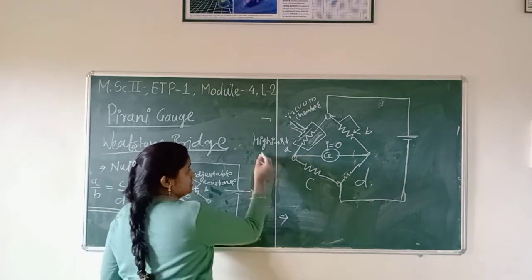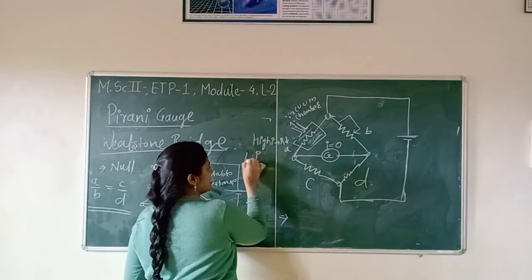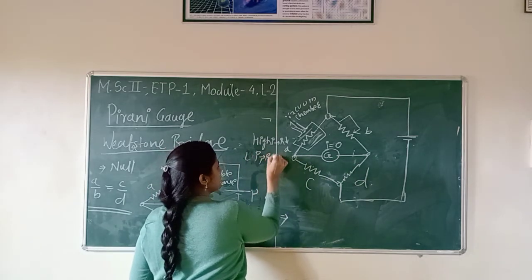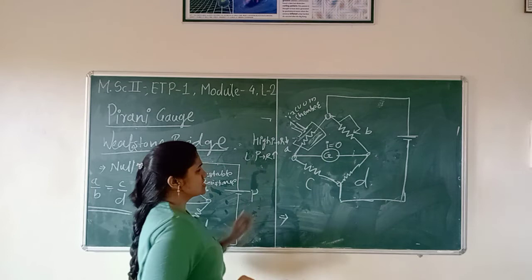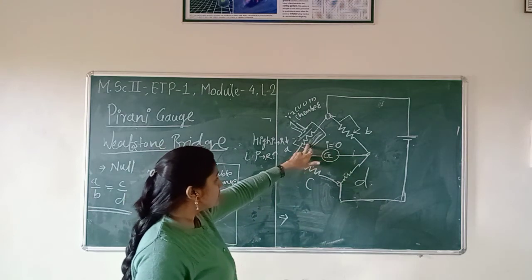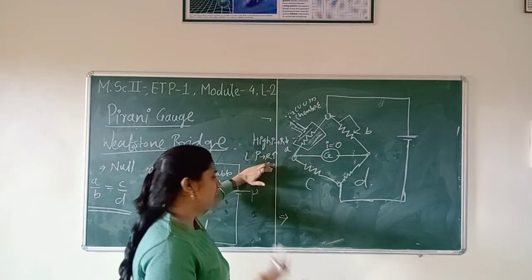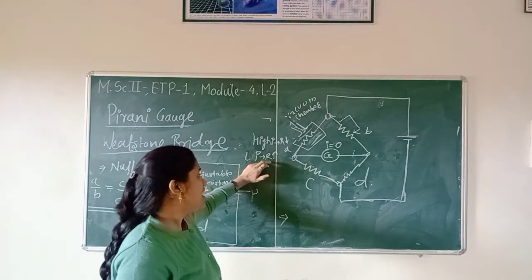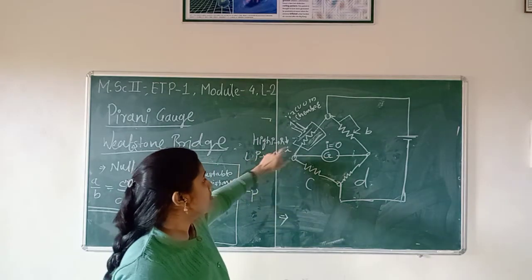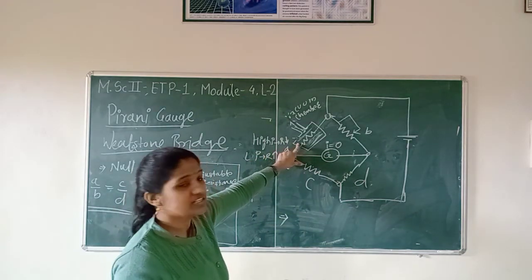Similarly, when the pressure is low, the resistance will increase, because the number of molecules is lower, and so the number of molecules colliding with that wire is also low.